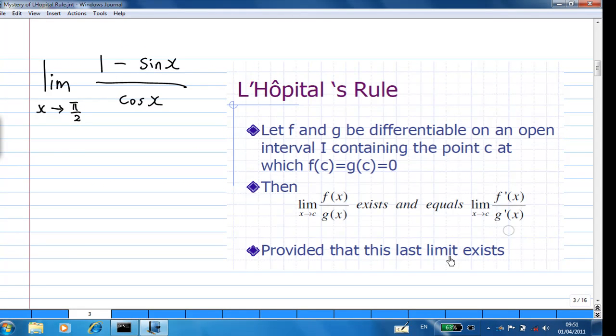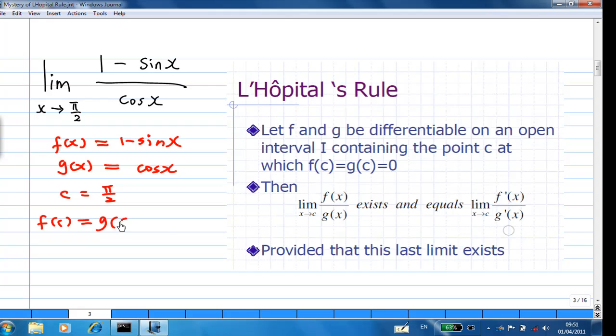So for our earlier example, f of x is equal to 1 minus sine x, g of x is cosine x, and c equal to pi over 2. And we have f(c) and g(c) equal to 0.